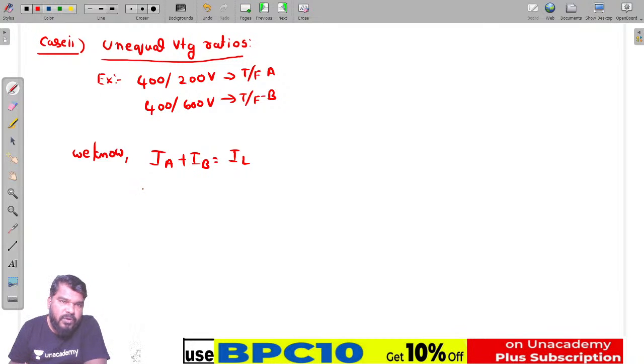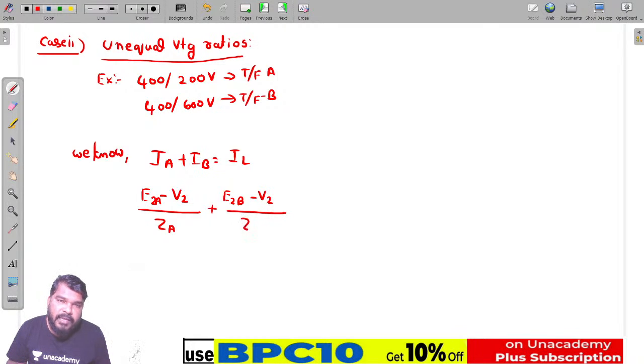IL is equal to (E2A minus V2) divided by the impedance of transformer A, plus (E2B minus V2) divided by the impedance of transformer B. This is equal to V2 divided by ZL.